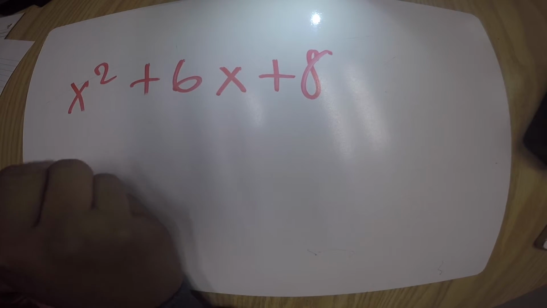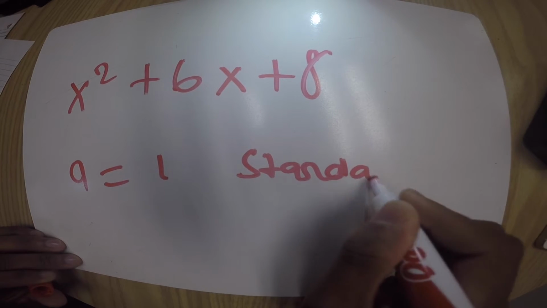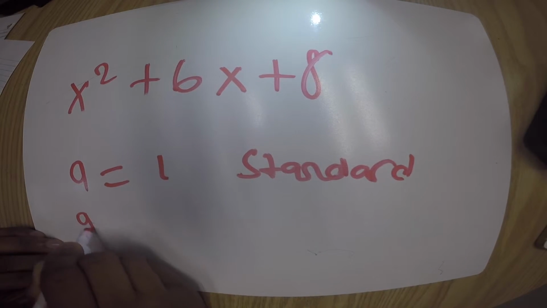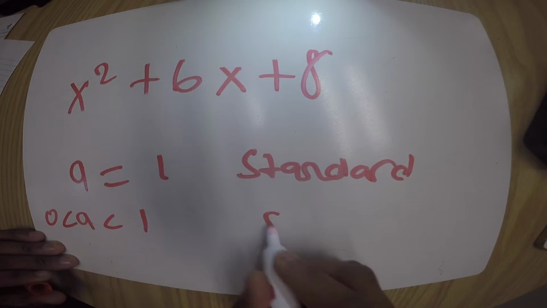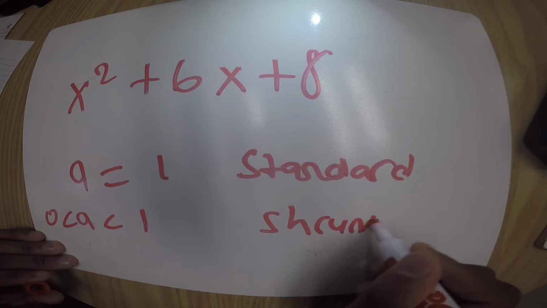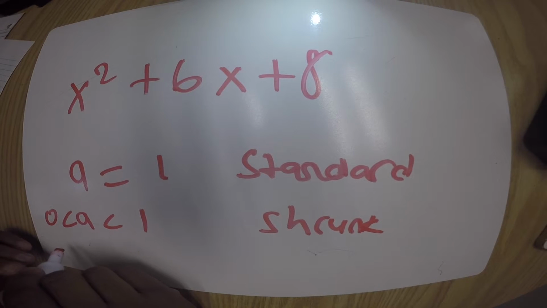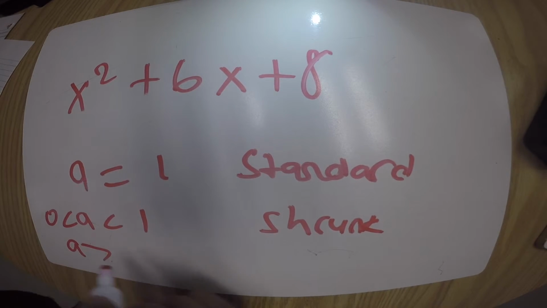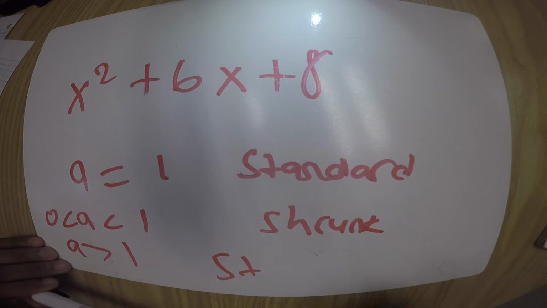If 0 is less than A, less than 1, that's shrunk. And if A was greater than 1, then it'll be stretched. But we know our graph is standard because A is 1.